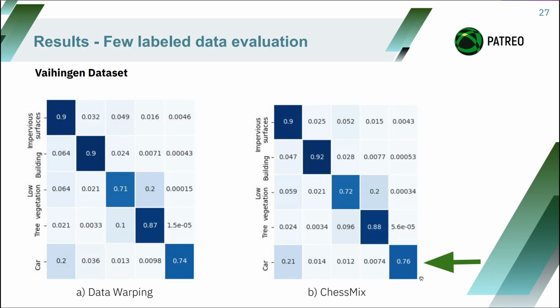And this is an important result because this class is the most difficult one to segment. It's the rarest class in the dataset, apart from the background class that is not listed here. This is actually a considerable improvement for such a difficult class.